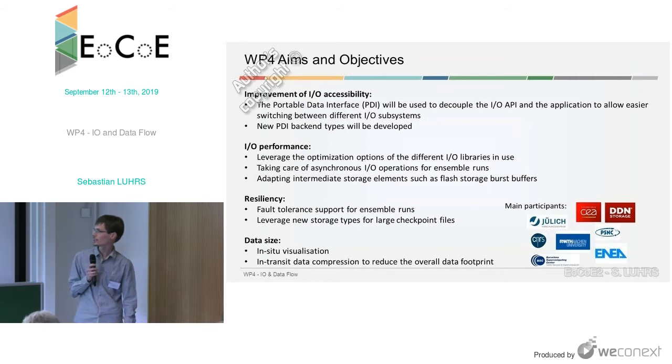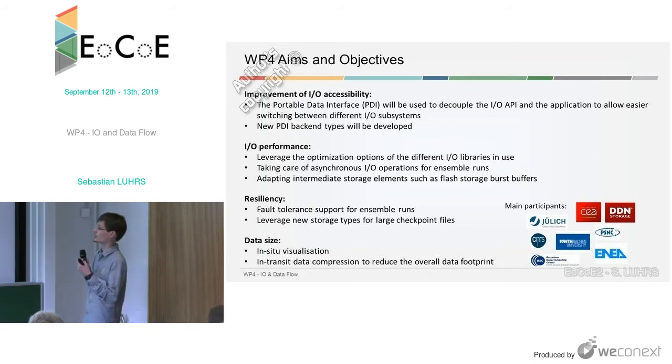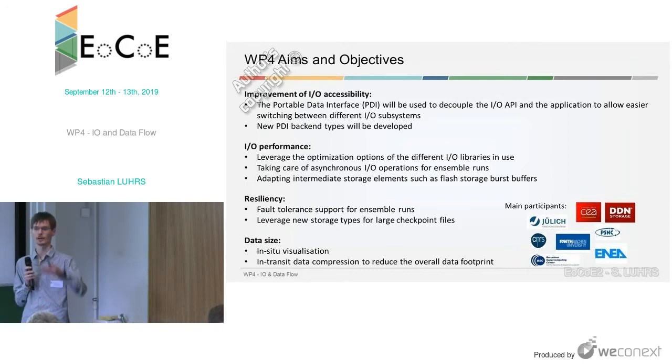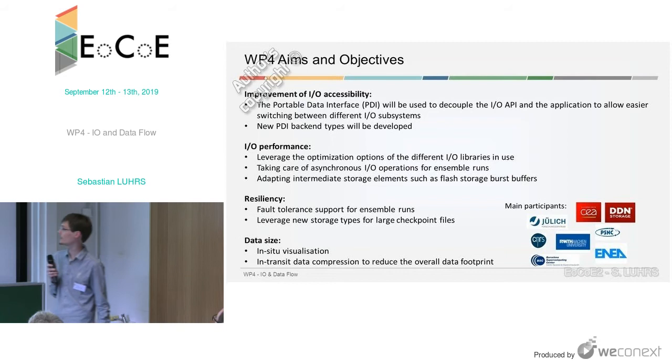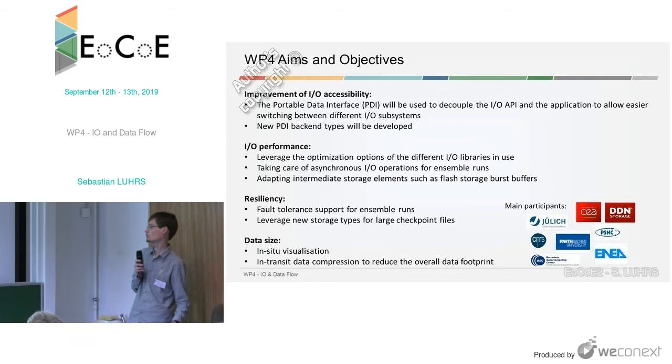Our second objective is about I/O performance, so how to improve the I/O performance of our code. On the one side, we have to leverage the capabilities of the existing libraries in use underneath the PDI interface, taking care of asynchronous I/O operations, so whenever possible to run I/O at the same time as, for example, computational operations.